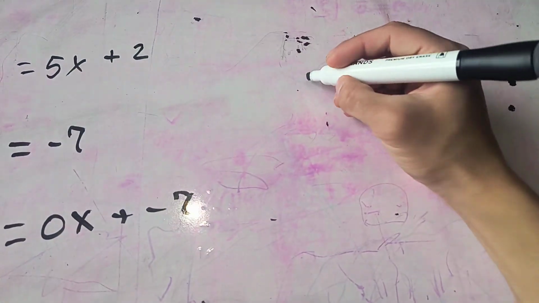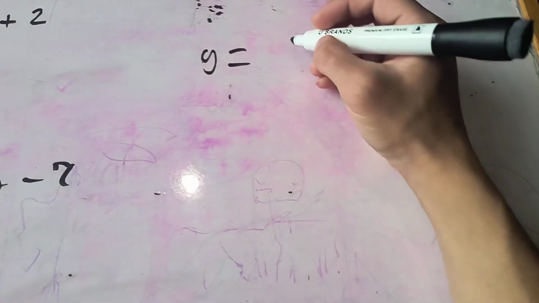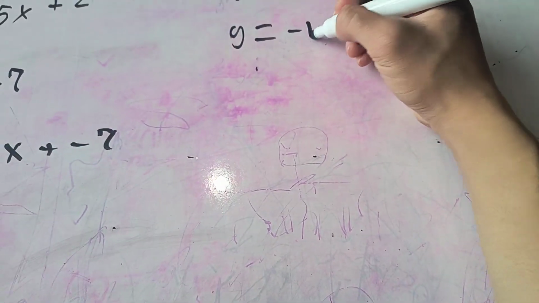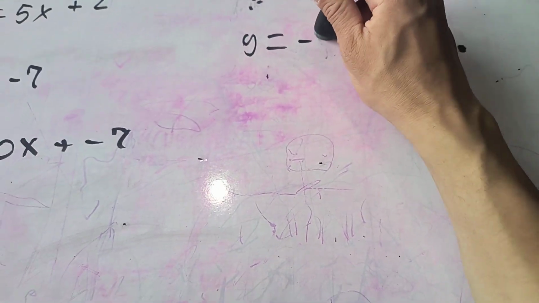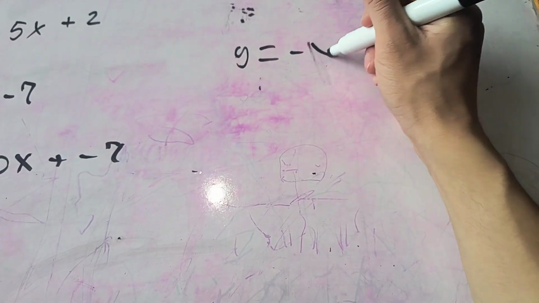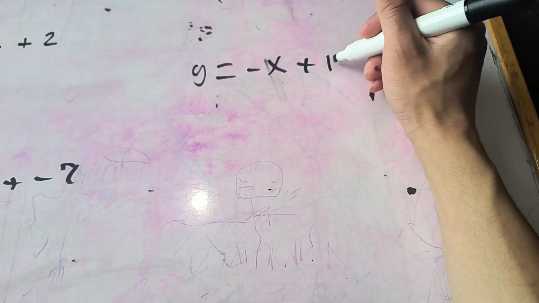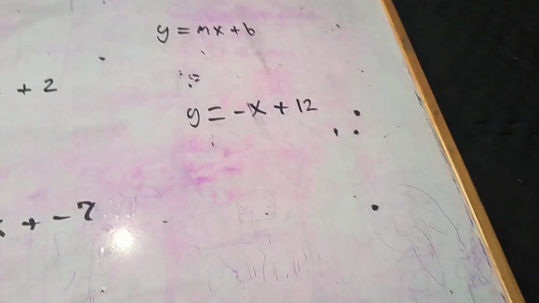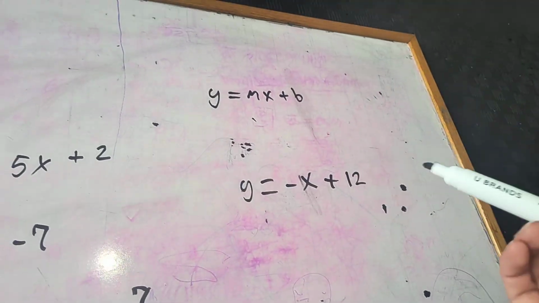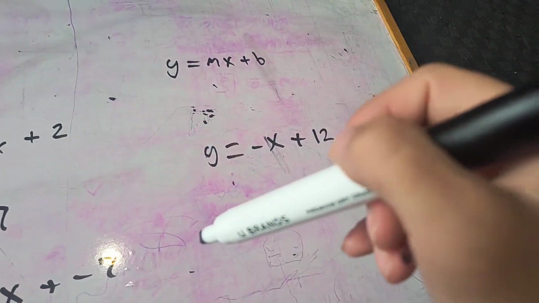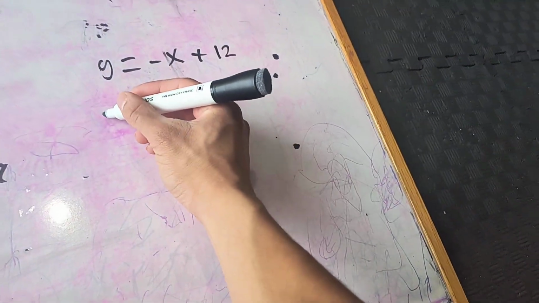What about if I gave you the equation y is equal to negative x plus 12? What is the slope and what is the y-intercept? Or what is m and what is b? Well, we can rewrite it like this.